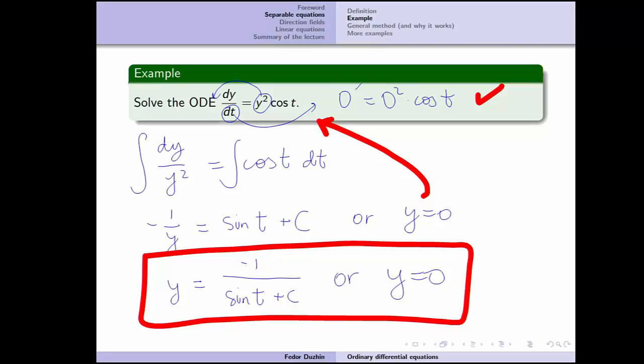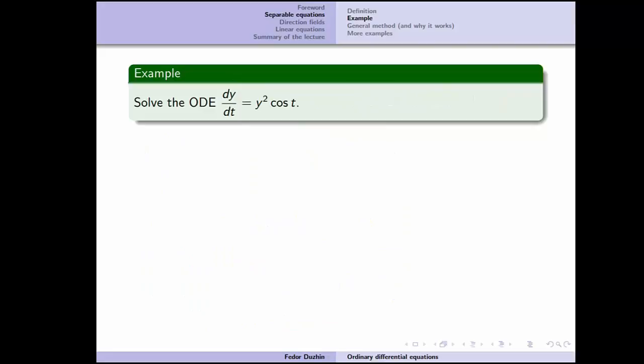Well, it kind of looks like magic, but let me try to verify if it is true. Let us write y equals minus 1 over sine t plus constant, and let us see if it makes our equation into a correct equality. The left hand side of our differential equation is the derivative of this with respect to t, so we should write minus.